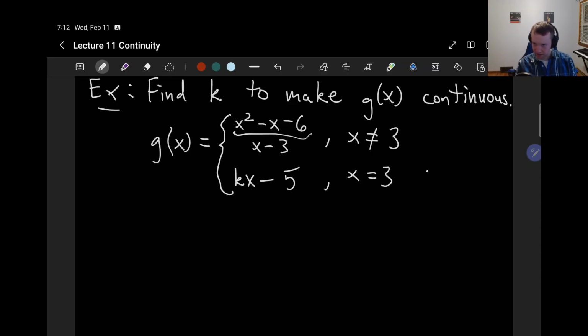Now, what does it mean to be continuous again? The limit as x approaches 3, in this case, that limit exists. F of 3 exists. That would be whatever this is when we plug in 3 for x. And most of all, those two things have to agree.